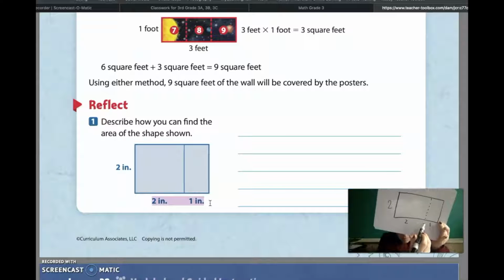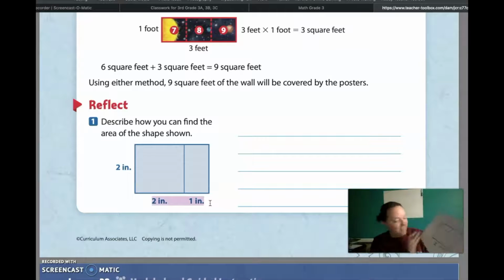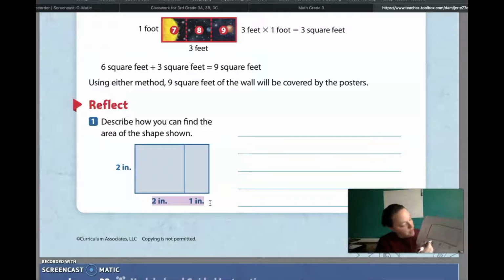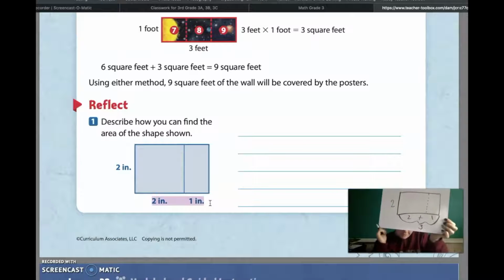So what did we put here? Plus. So we put a plus. So 2 plus 1 equals 3. So we know this total is 3. Okay, we have 3 done. Now our other side is obviously the same as this side, so it's 2.